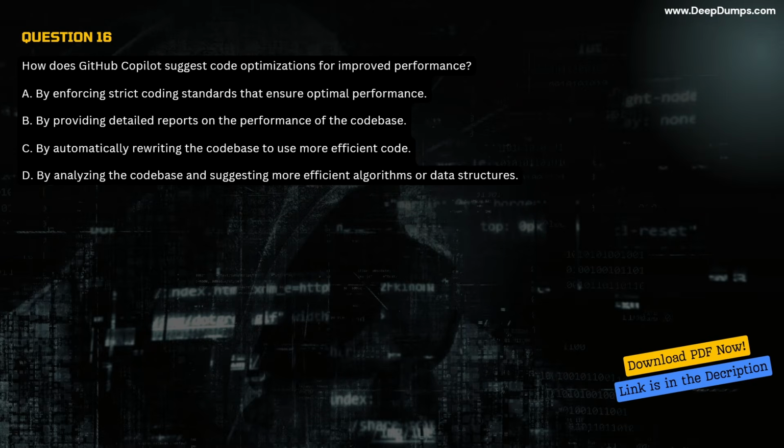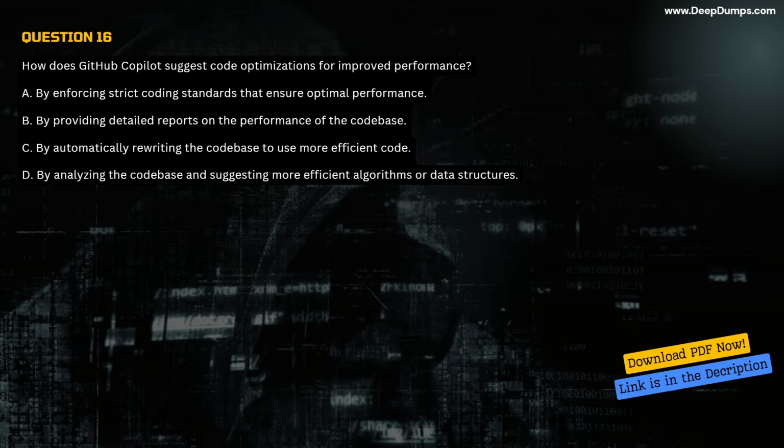Question 16. How does GitHub Copilot suggest code optimizations for improved performance? A. By enforcing strict coding standards that ensure optimal performance. B. By providing detailed reports on the performance of the codebase. C. By automatically rewriting the codebase to use more efficient code.